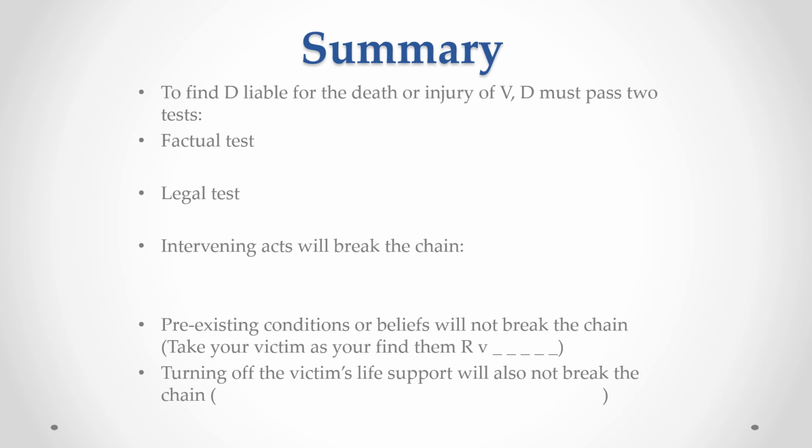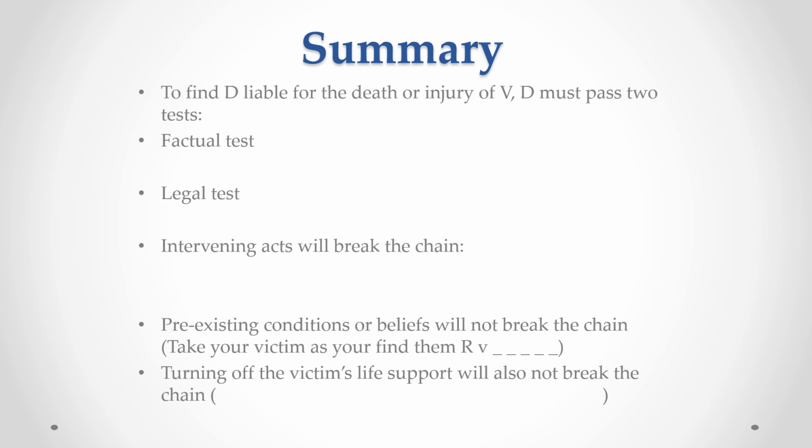Marjoram, from the year 2000, is a really good one for unreasonable actions of a victim, or rather in that case, reasonable actions. So her actions didn't break the chain. There are others that you could look at as well. And then you've got the two other legal rules at the bottom, the pre-existing conditions and turning off a victim's life support.